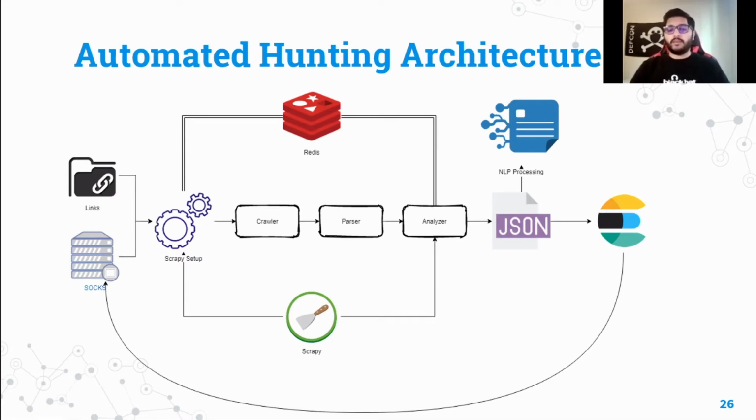Then coming to the Scrapy setup, it includes everything you need to start Scrapy. It includes your login program and your proxy program, where you have your Tor URL, Tor IP, or Privoxy IP. There are some manual parts to the Scrapy setup, because you cannot automate everything.